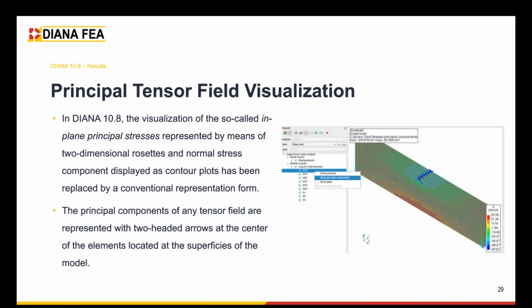These in-plane principal stresses are now replaced in DIANA 10.8 by a conventional representation form. Now the principal components of any tensor field are represented by means of two-headed arrows at the center of the element and located at the surface of the model.